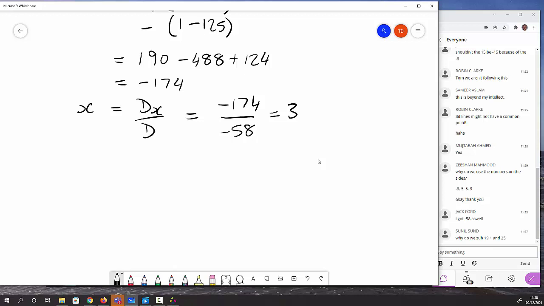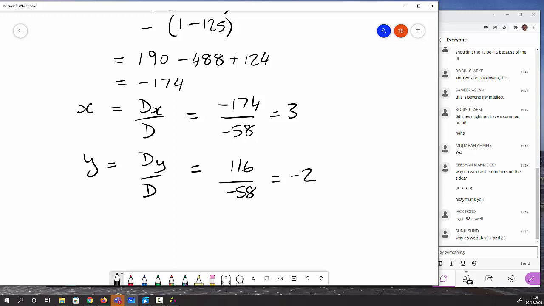What I can tell you is that y is equal to dy over d, and if you want to do the calculations, and I invite you to do them, you will find that dy is equal to 116 divided by 58, and 2 50s are 100, 2 8s are 16, so that's fairly straightforward, so that is equal to minus 2.